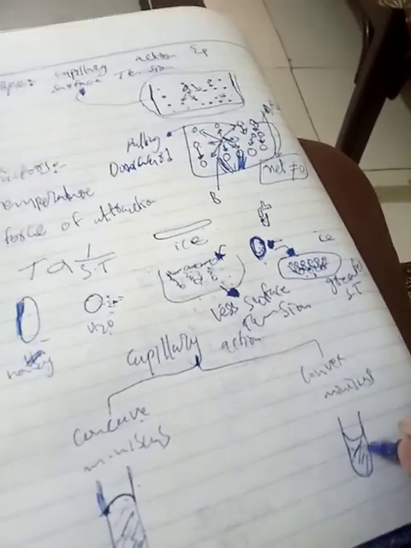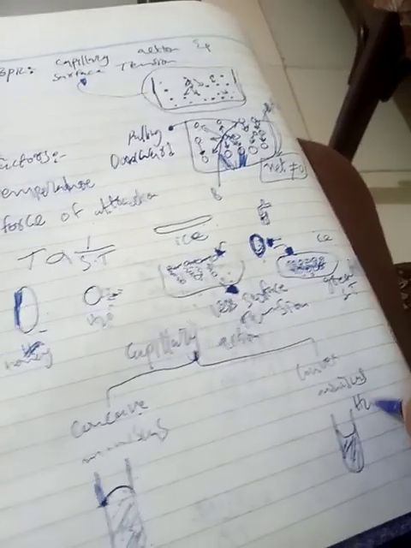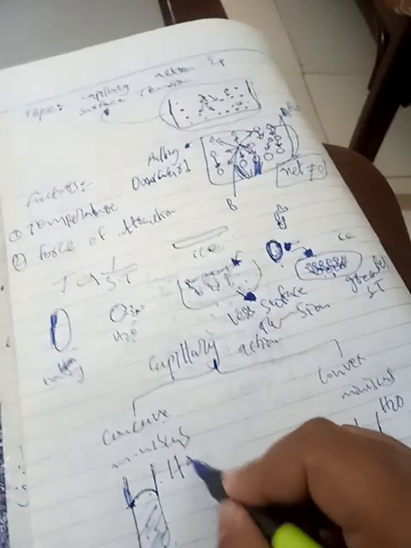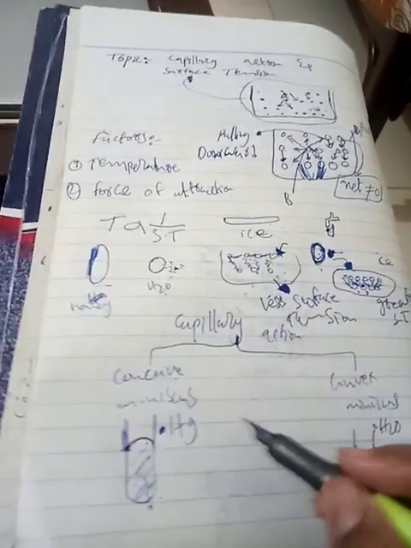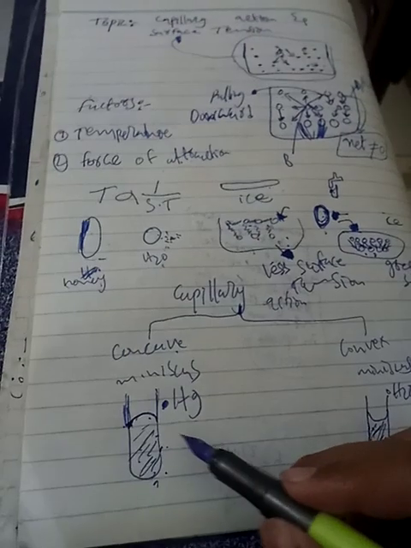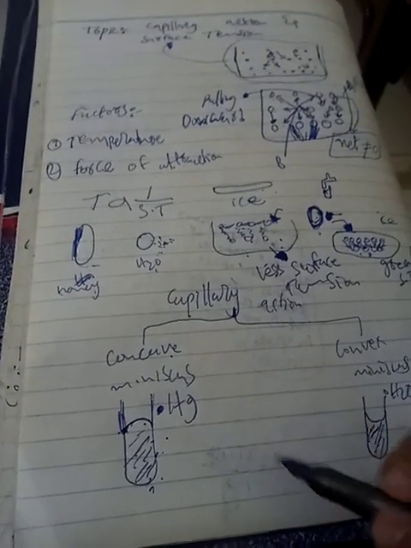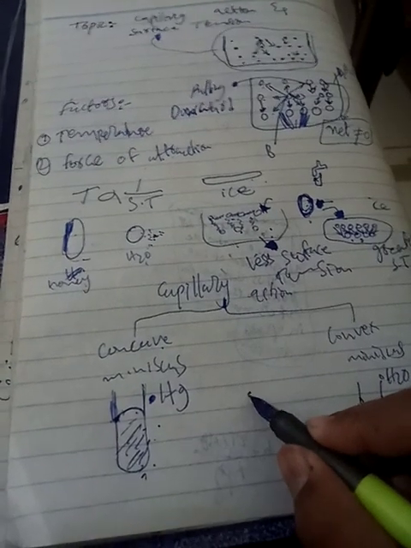And this is because of the arrangement of particles. And you know that in glass we also use silicon, and silicon is less electronegative than hydrogen, less polar than hydrogen.